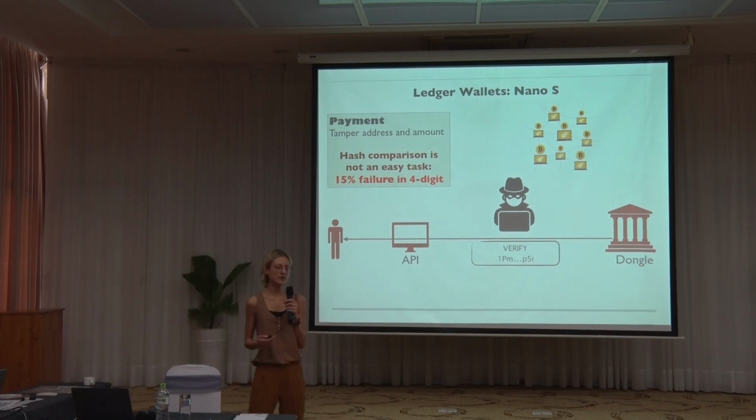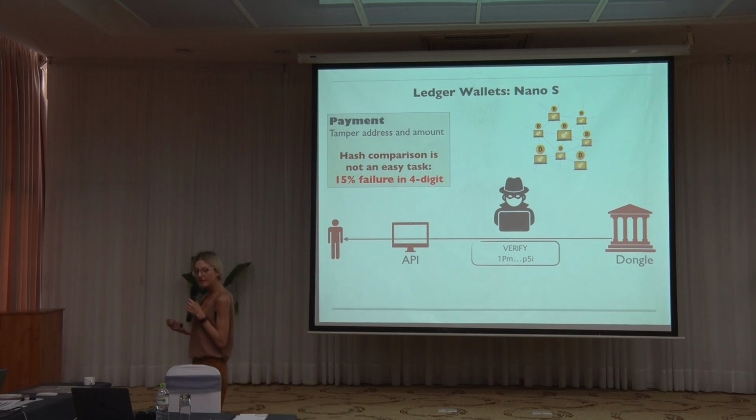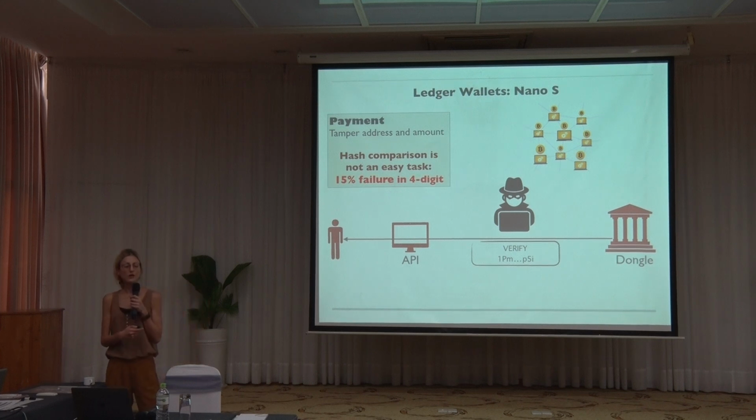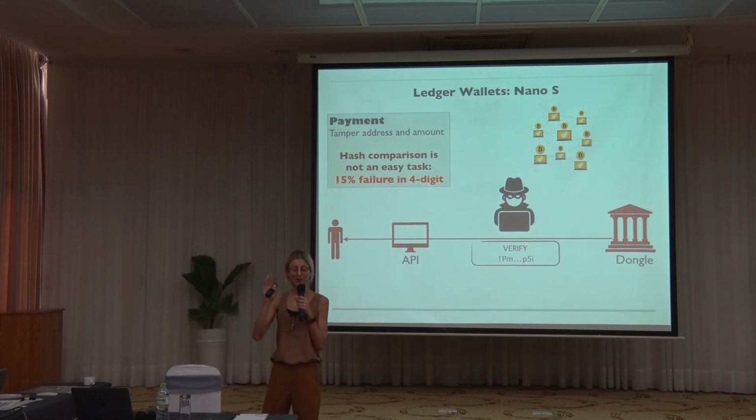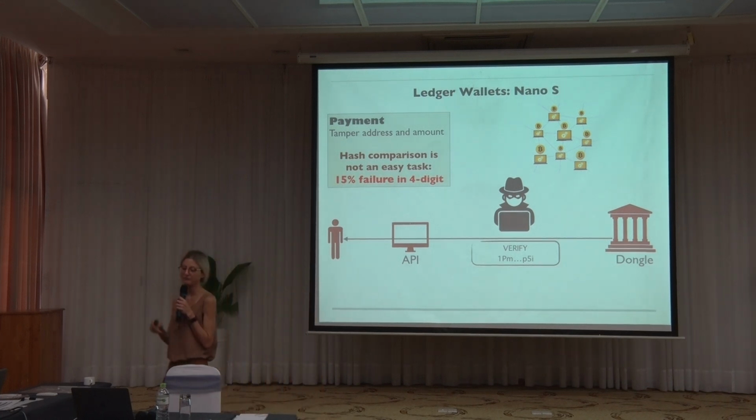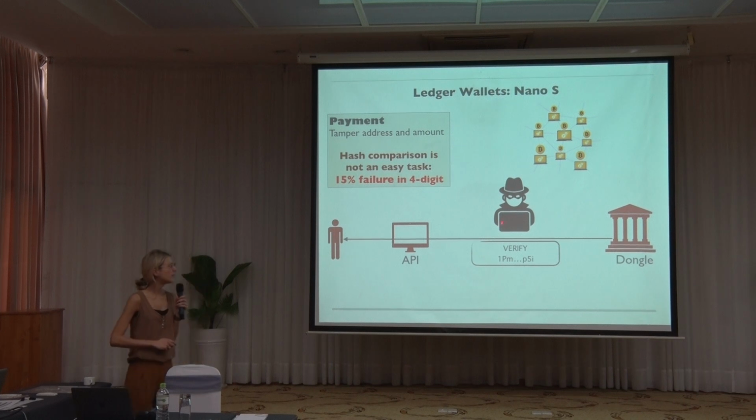The user can actually see part of the address, but previous research has shown that there's a significant 15% error rate in comparing 4-digit hashes. So in that case, the adversary will try again and again. Maybe at some point, the user will fall in this percentage and accept the wrong address.